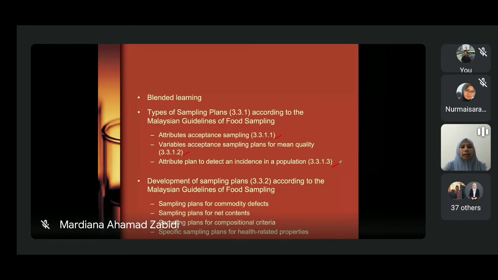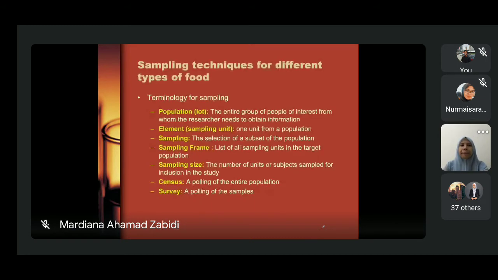And then for another subchapter 3.3.2, we have this particular sampling plan for commodity defects, for net content, compositional criteria, and other health related properties. So this one can you please read on your own, sebab soalan test pun bukan saya yang buat, saya tak tahu. Jadi takutnya nanti ada soalan yang keluar daripada this particular Malaysia guidelines of food sampling, daripada this one subtopic.